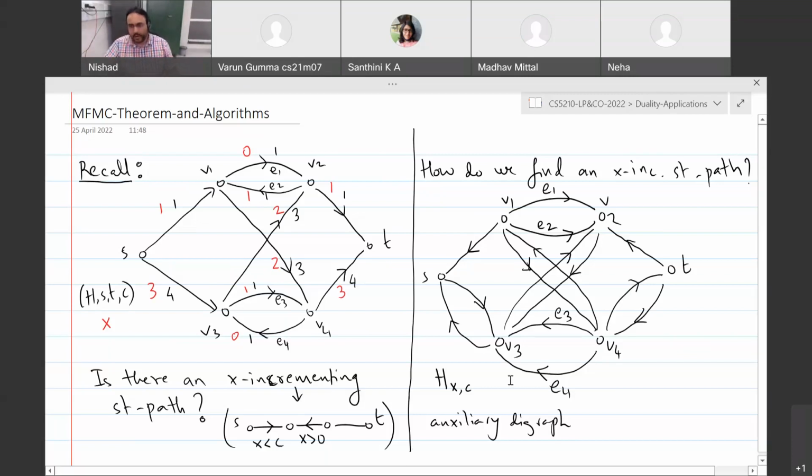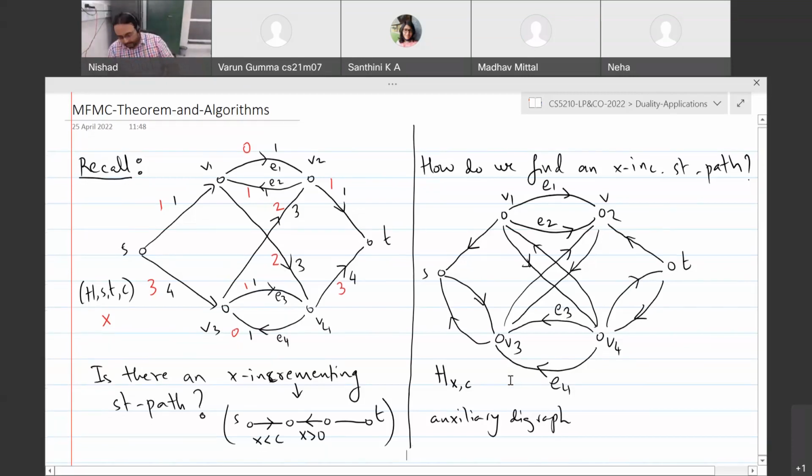And now we want to find out whether there is an s-t dipath in this digraph or not. We can just do that using breadth first search, right? Let's just do it for this example. So let's start at s. What are the places we can go to? We can go to v3. From v3, we can only go out to v2.